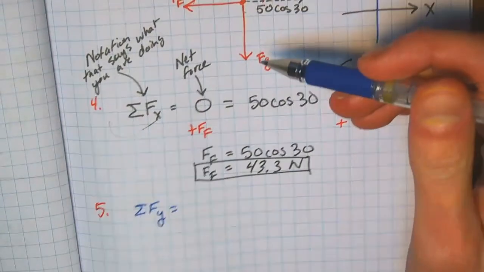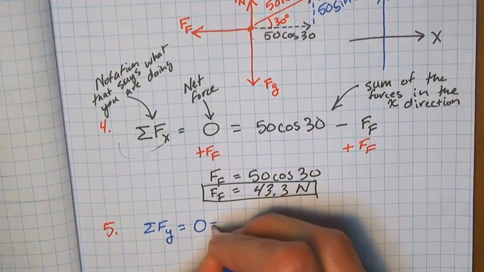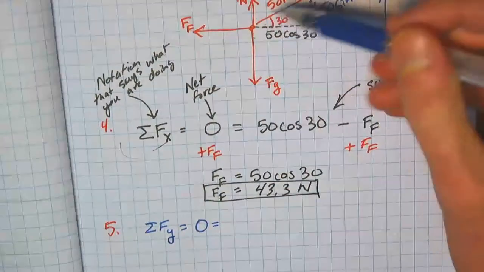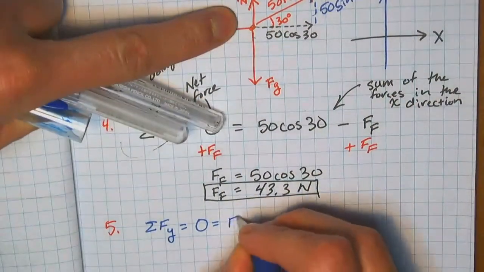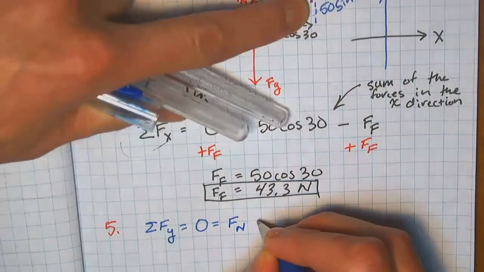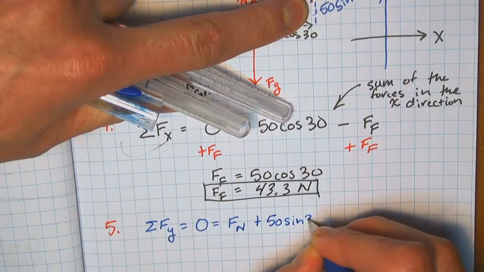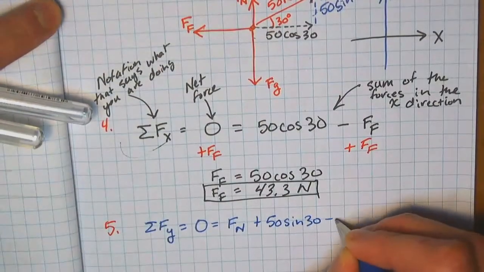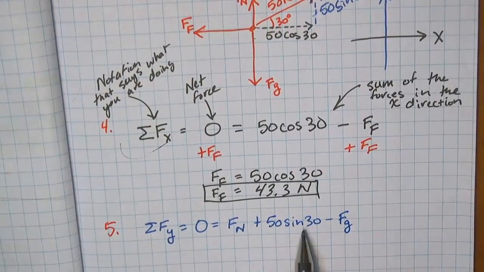It's also not sinking down into the ground. So the sum of those forces are also equal to 0. And then we do our up forces minus our down forces. So our up forces will be the normal force plus the 50 sine 30, minus the force of gravity. Positive because they're up, negative because it's down.